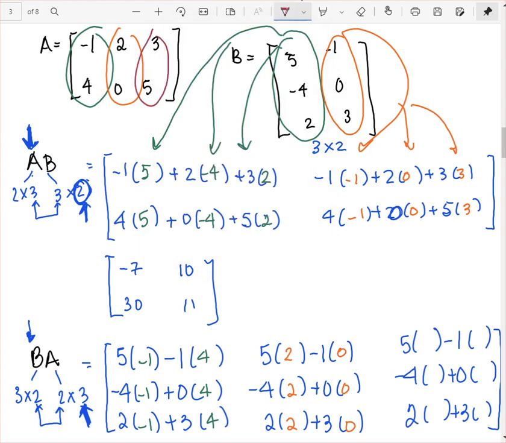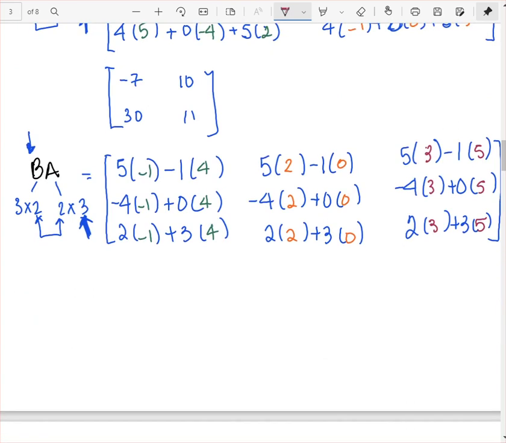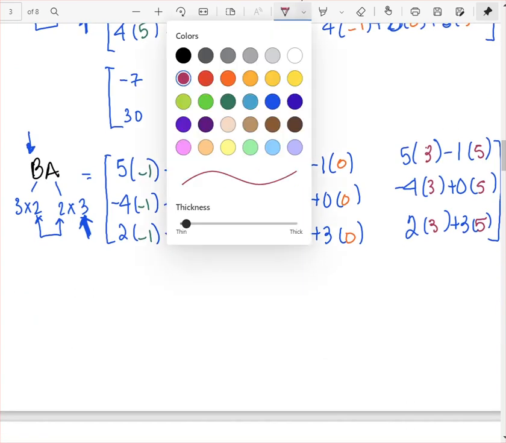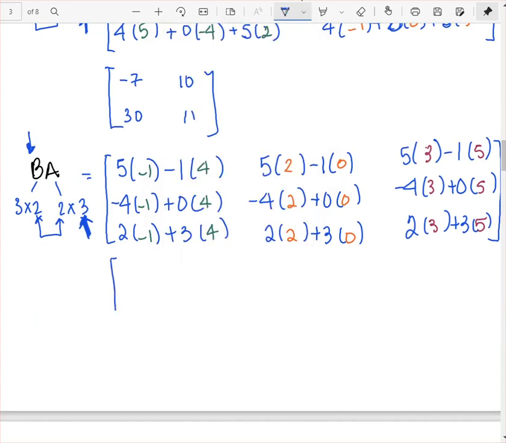And then finally, this last one is going to go on the last one. And then we just compute the arithmetic here. And you get -9, 4, 10. 10, -8.